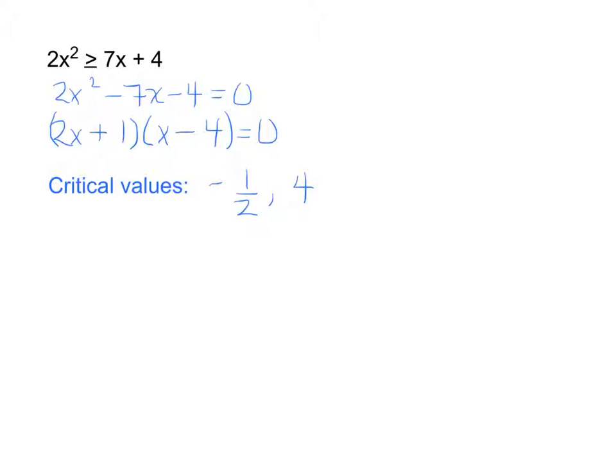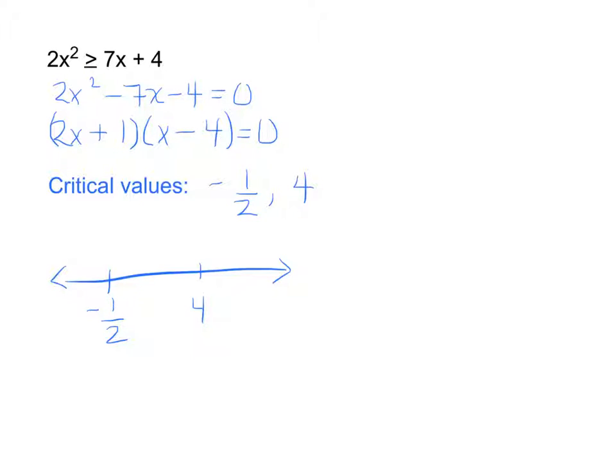So those are the numbers I'm going to put on the number line. And I'm not making a full number line and putting any other values, just those values, because I want to figure out which region or regions are the solutions in.